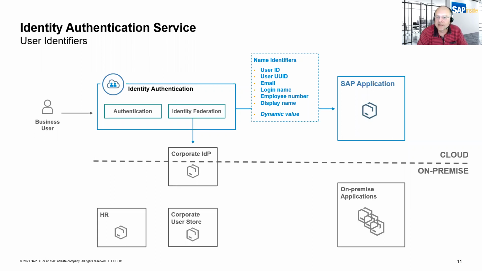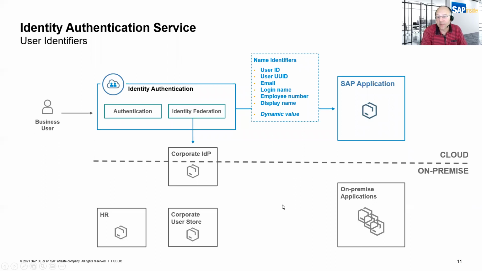This is where the identity authentication service offers a uniquely generated value, a user UUID, that is very suitable to be established as a unique identifier across the various applications, including subsequent services.